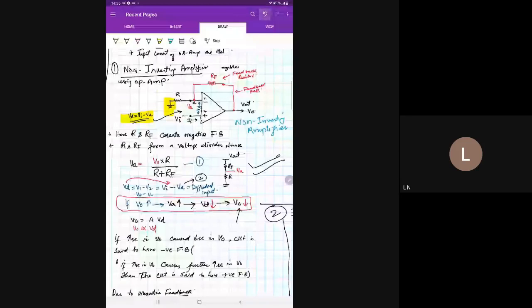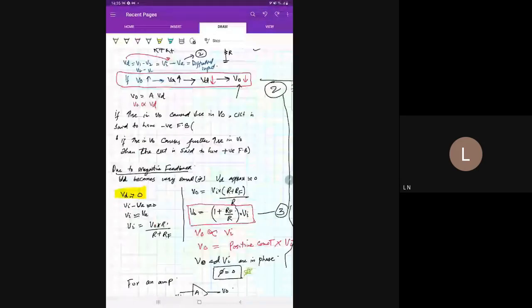If Vd is nearly 0, that means Vi minus Va is nearly equal to 0, and finally Vi is nearly equal to Va.